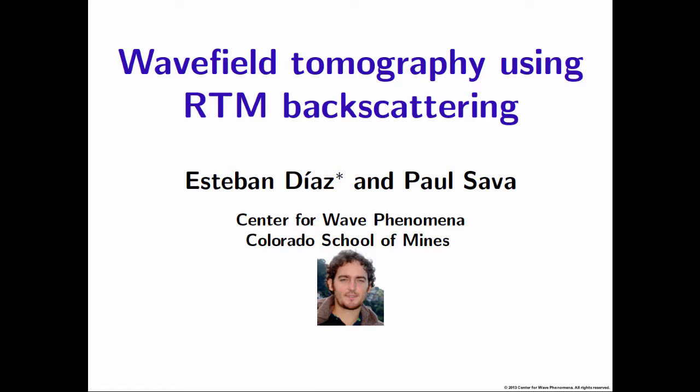So I wanted to look into using two-way extrapolators, and moreover, in cases where we have sharp boundaries in the model. Therefore, what happens in the case of RTM backscattering?